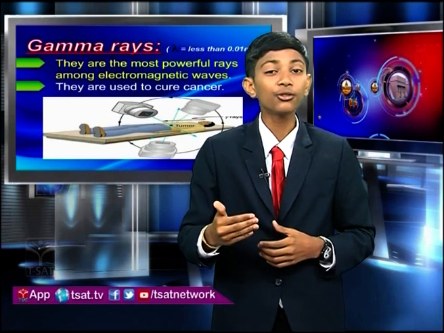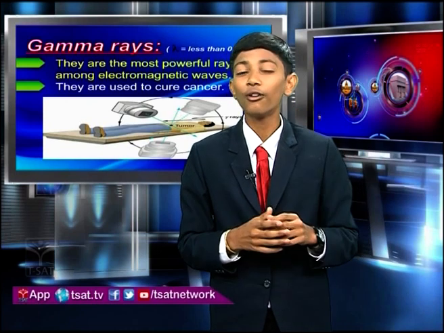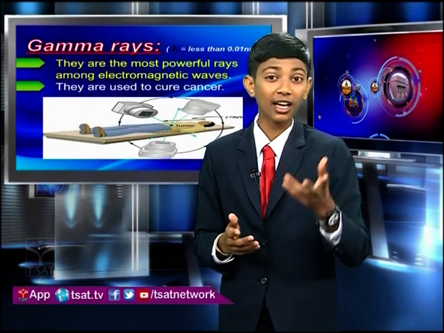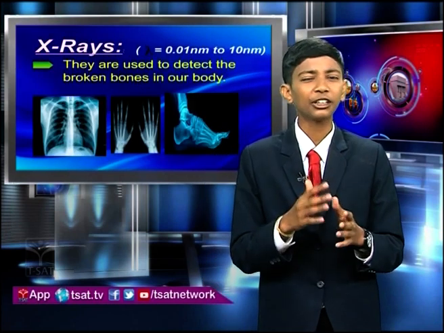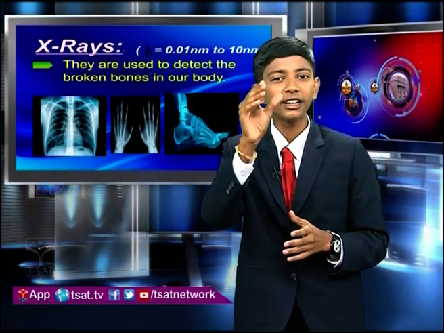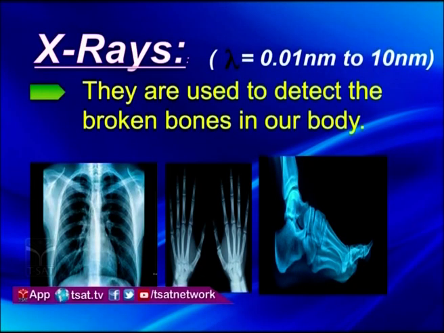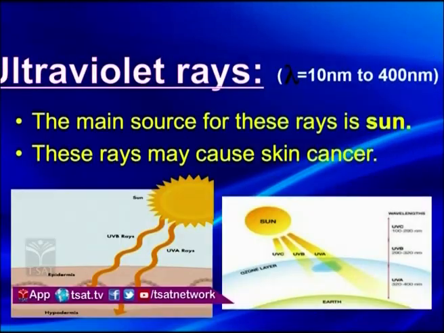Now let's move to the second most powerful electromagnetic waves. They are X-rays. X-rays are particularly used to identify broken bones in the human body. Now let's see another kind of electromagnetic waves. They are ultraviolet rays. Ultraviolet rays are directly produced by the sun.